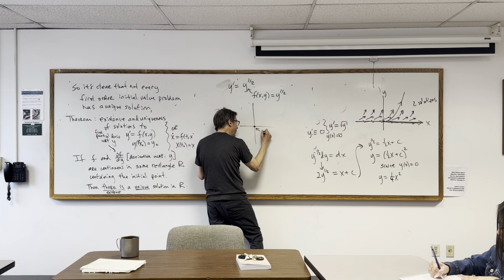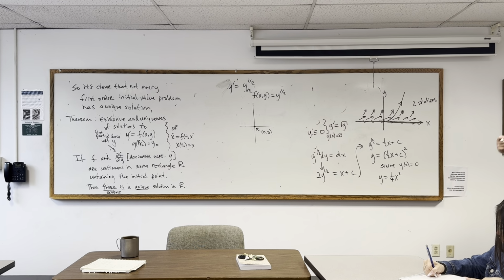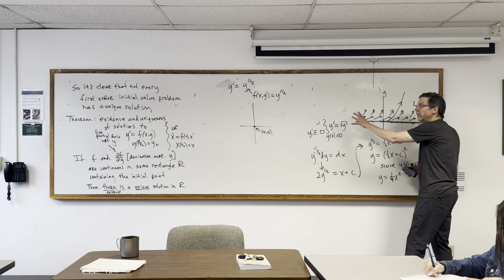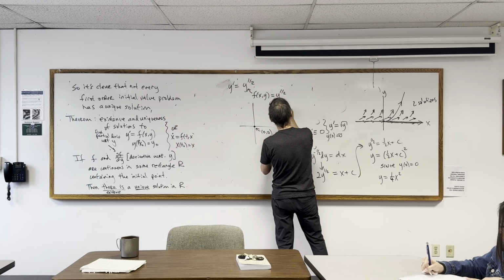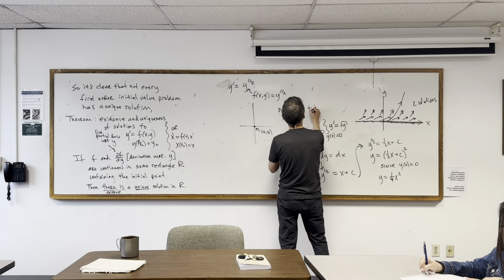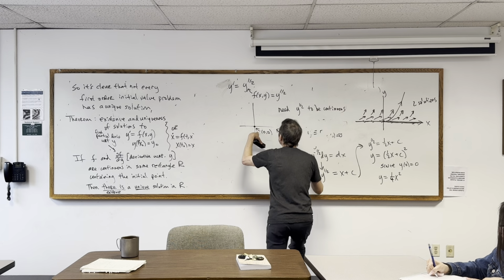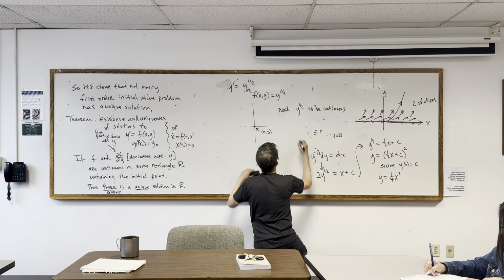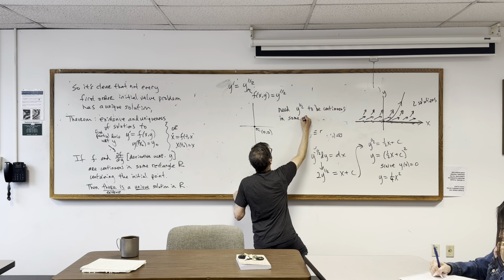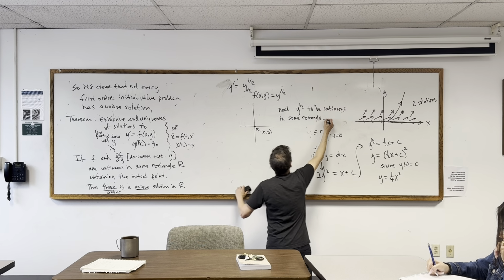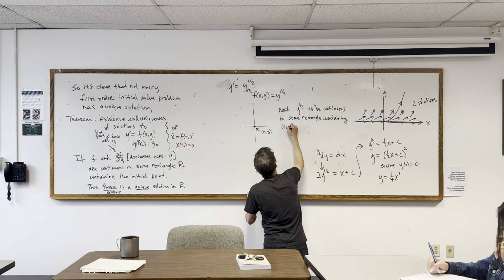So here's our problem. Here's our initial condition. It's the point 0, 0. That's our initial point. I need for this thing to be continuous in itself. First off, this has to be continuous. So we need y to the 1/2 to be continuous in some rectangle containing 0, 0.